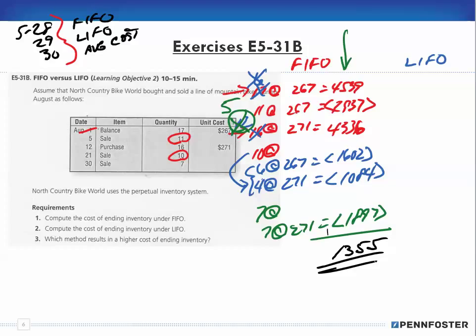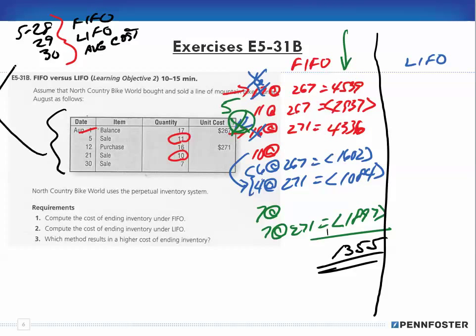Now notice, before I go and do the LIFO, if I went and did all of this work the same way as I did in problems 528 and 529, I can calculate what my ending inventory value is, and that's fine doing it that way.